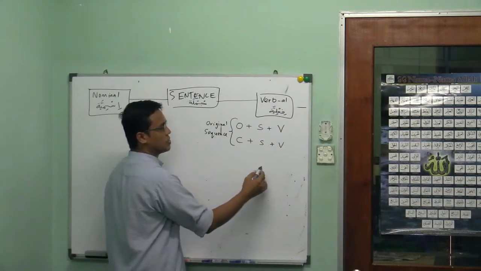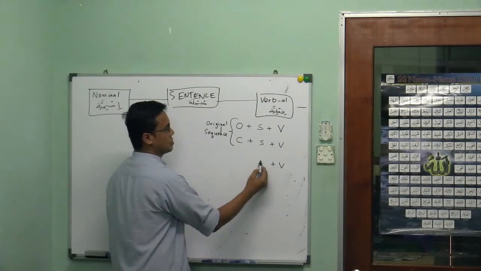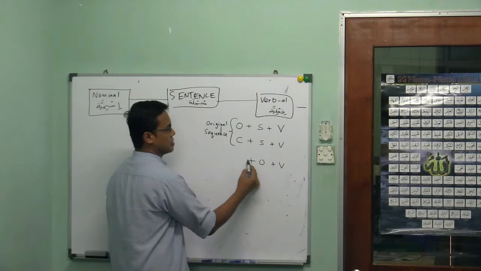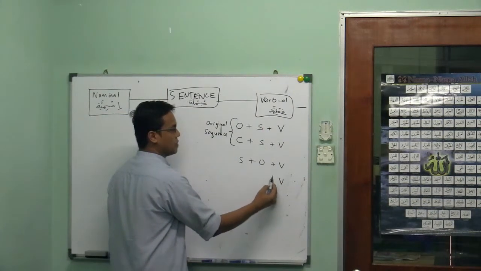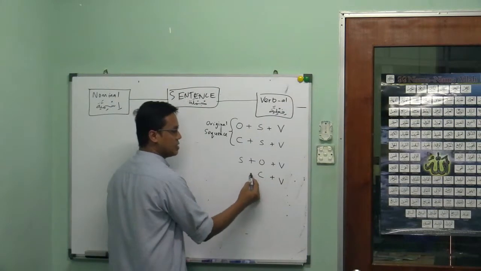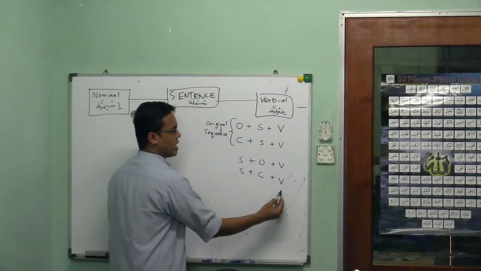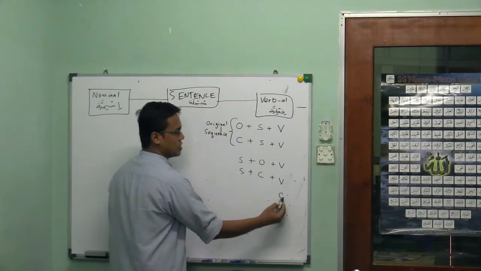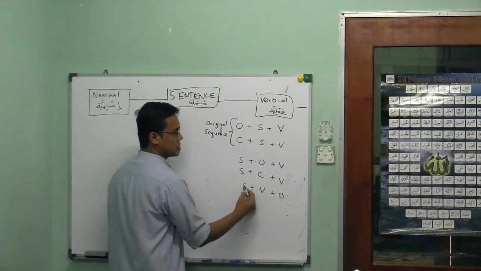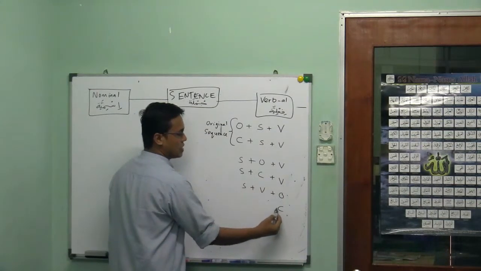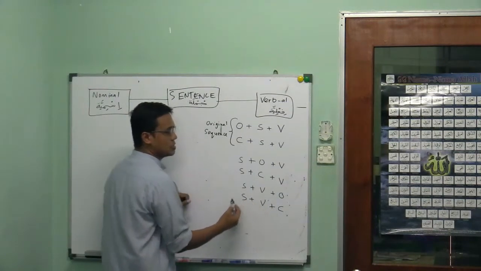For example, you can have a verb plus object plus subject, and you can have a verb plus clinger plus subject, and you can have an object plus verb plus subject, and you can have a clinger plus verb plus the subject.